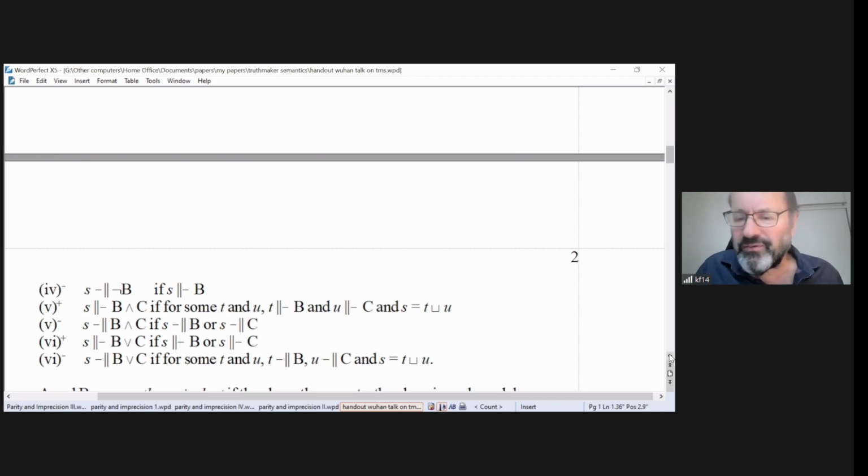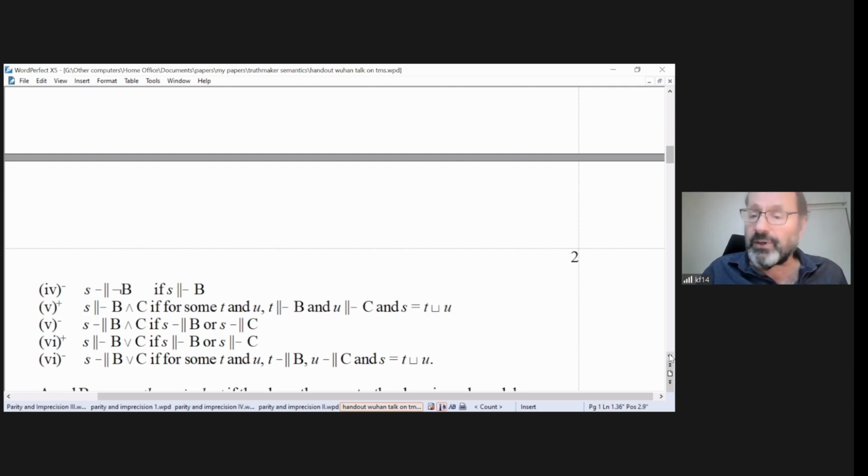There's no such thing as the fusion of T and U. Then there will be no S that's a truthmaker for B and C, which is the fusion of T and U in this case. We're reading the clause in such a way that the right-hand side requires that that fusion exists. So we can read the clause to apply both to the bounded completeness state spaces and to the ones that are just fully complete.